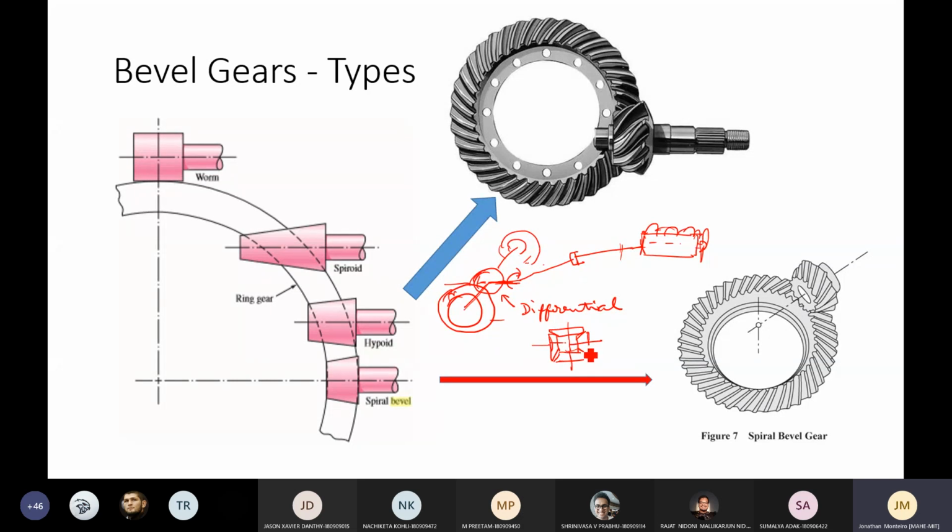Positive transmission load is maintained. All these 4 gears are bevel gears. They may be straight bevel; usually they use straight bevel. This is the second thing that is highlighted here in just one vehicle.